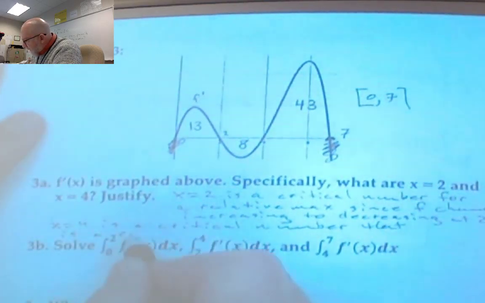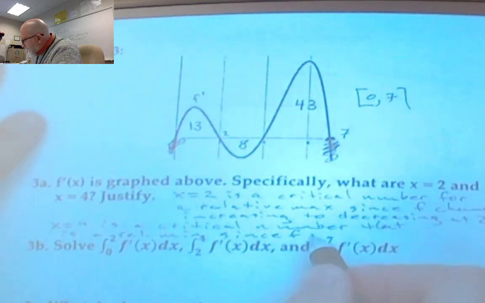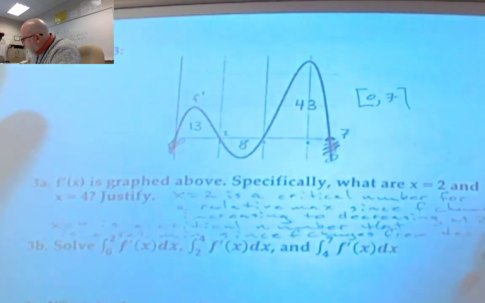A relative minimum since f changes from decreasing to increasing at 4.